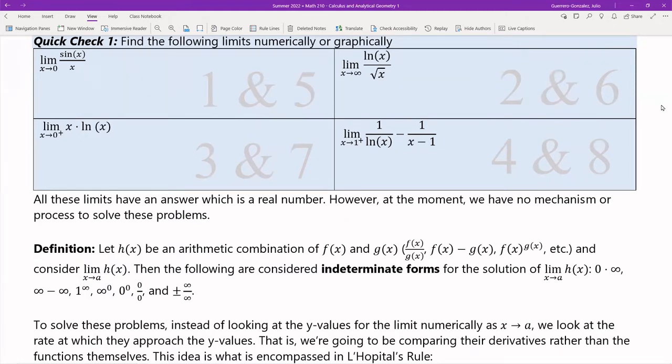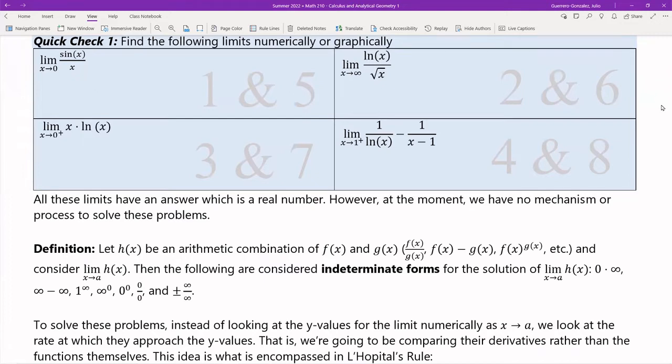I mean, you can try common denominators. You can try multiplying by the conjugate. You can try all sorts of voodoo math, but it's not going to get you anywhere. But as you will find out, these limits do actually exist. They approach a real number. So how do we figure these out?